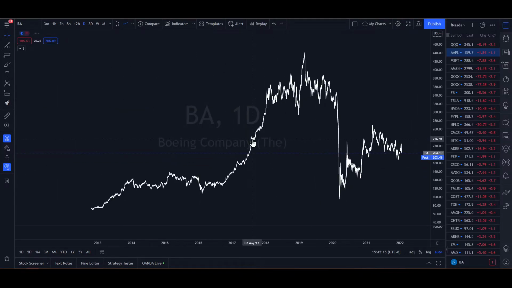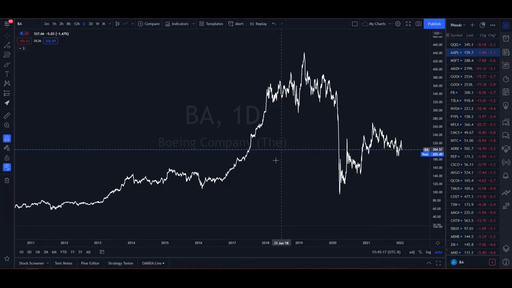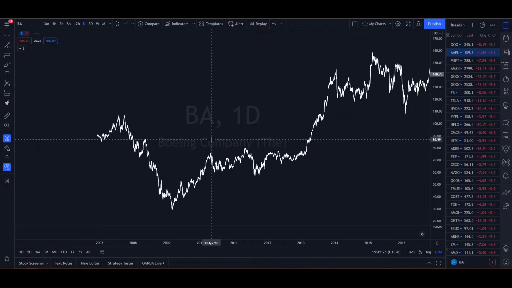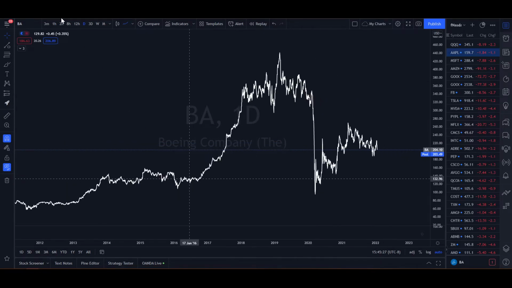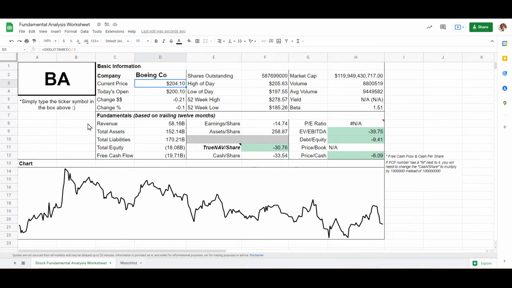If you use TradingView and pull the chart back, you can see that this era was only for a couple of years, but prior to that, the value had not really ever been that high. So using this worksheet and looking at the cash flows in a fundamental analysis will show you that this is not the right stock to go for.